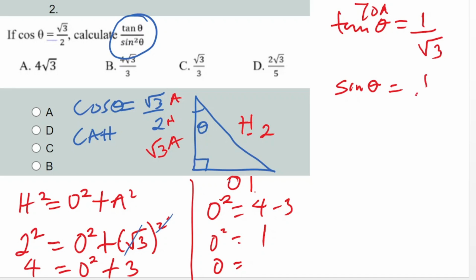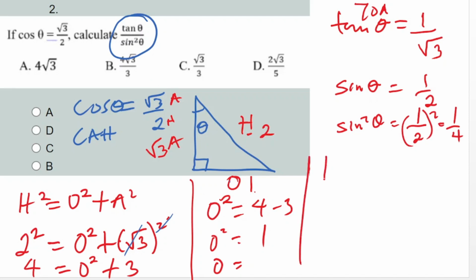That is 1 over 2. Then sine squared theta, that is the square of this, which is equal to 1 over 4.